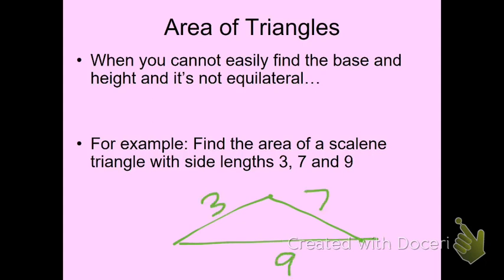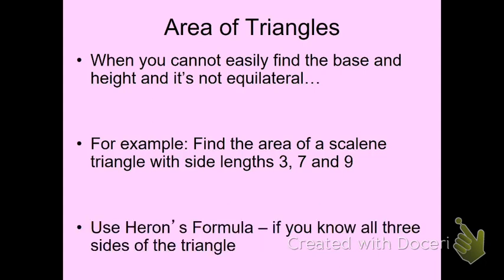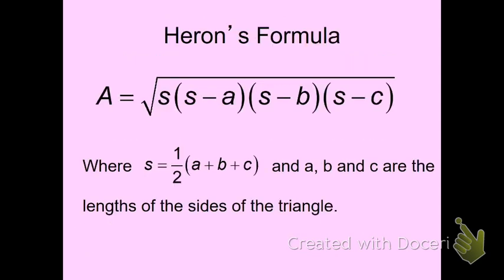None of these sides are perpendicular to each other. You don't know the angles to figure out this height right here. So what do you do? Well, there's a formula for that. It's called Heron's formula, and it requires all 3 sides of a triangle. So if you have all 3 sides of a triangle, or if you have enough information to find all 3 sides of a triangle, you should use Heron's formula.